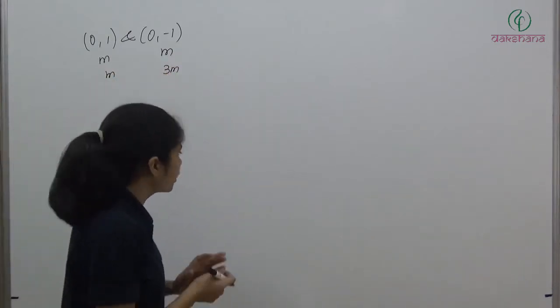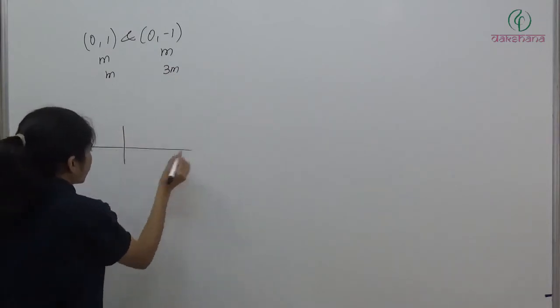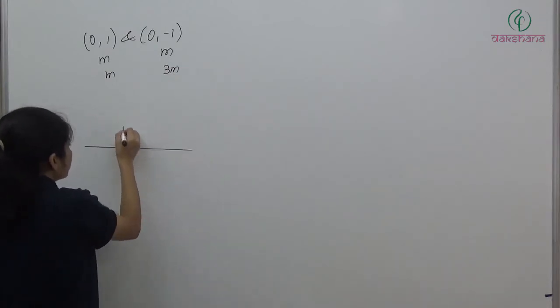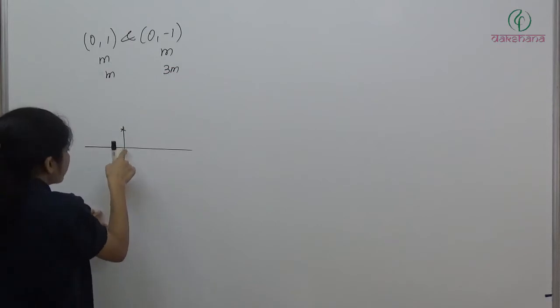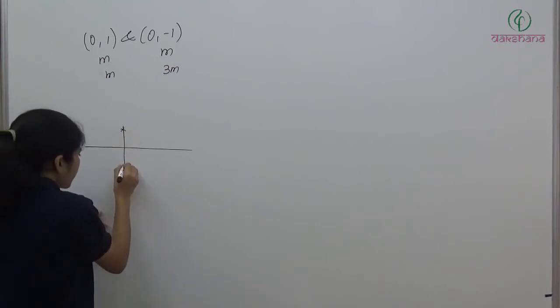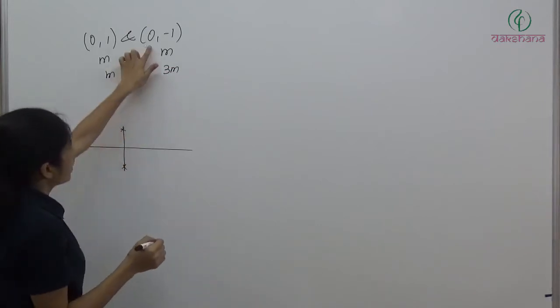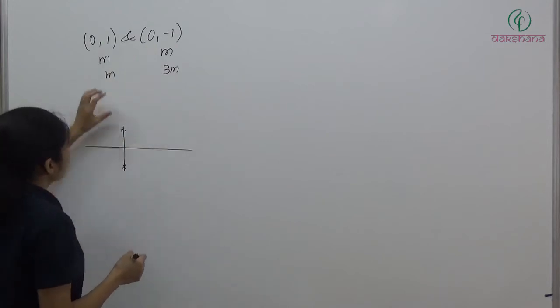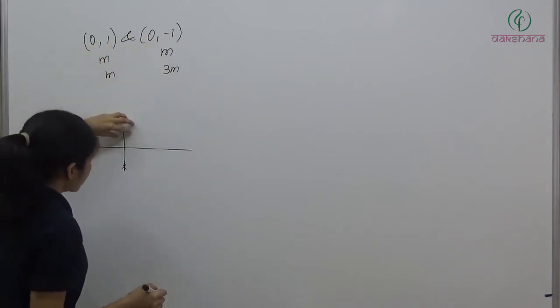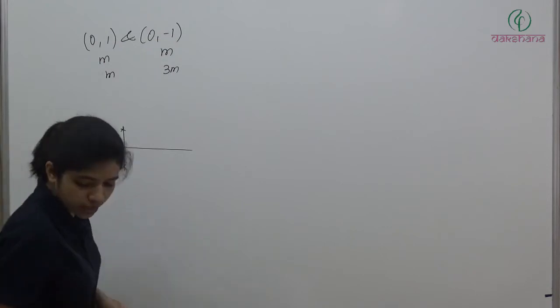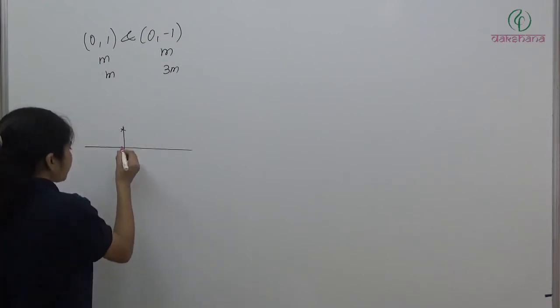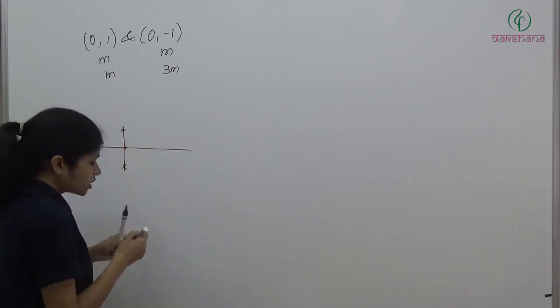Then what will happen? The two particles are located, one at x is 0, y is 1, another at x is 0, y is minus 1. When we have m and m, the location of center of mass will be exactly at the midpoint, which is 0, 0.